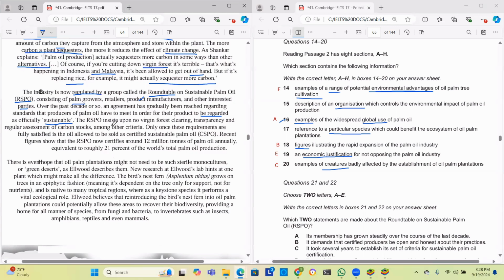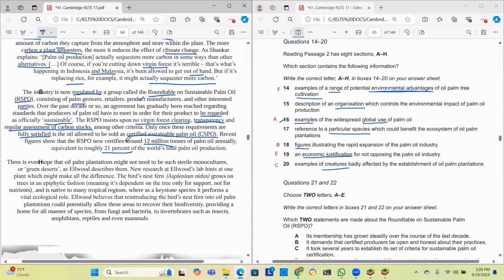So the RSPO insists upon no virgin forest clearing, transparency, and a regular assessment of carbon stocks, among other criteria. Only once these requirements are fully satisfied is the oil allowed to be sold as certified sustainable palm oil, CSPO. Recent figures show that RSPO now certifies around 12 million tons of palm oil annually, equivalent to roughly 21% of the world's total palm oil production. Okay, right. So this is clear.